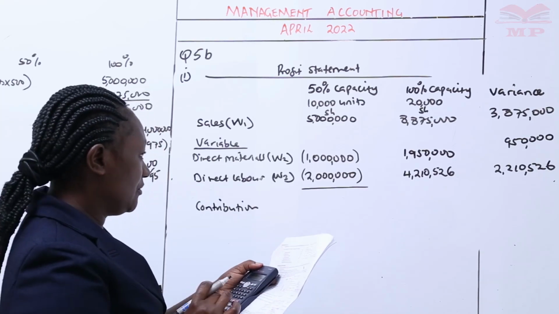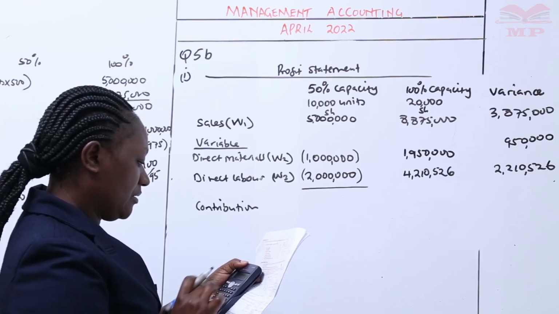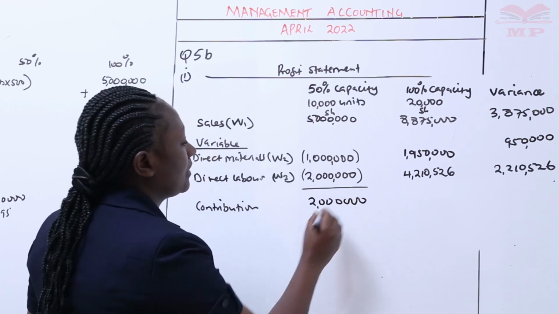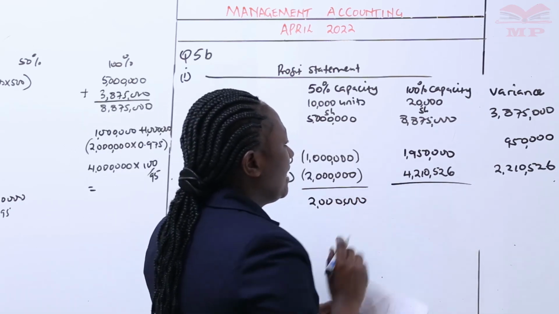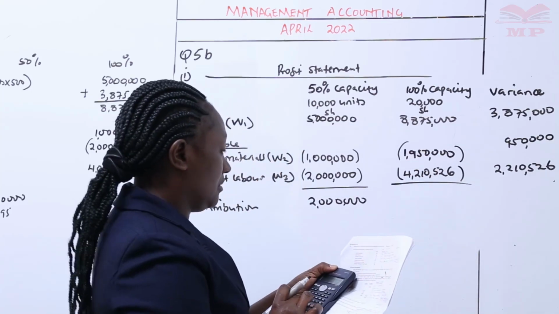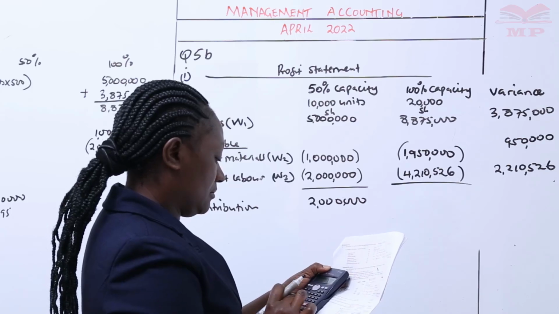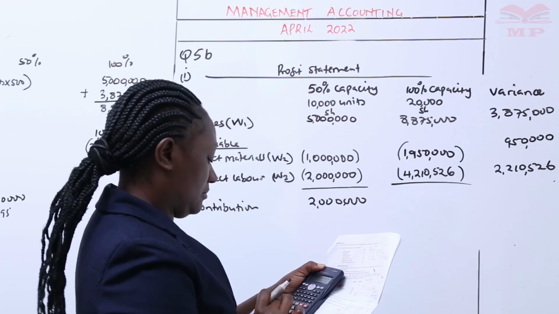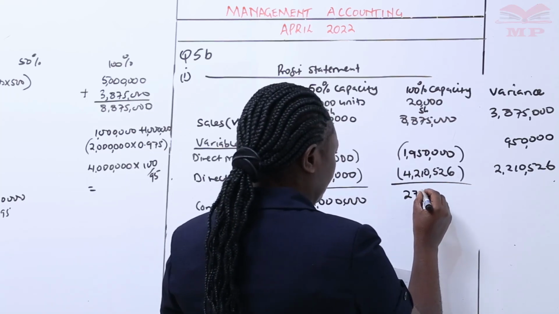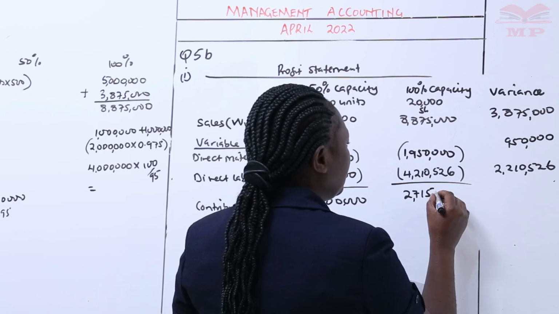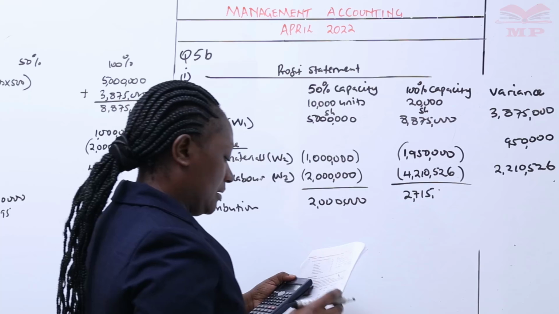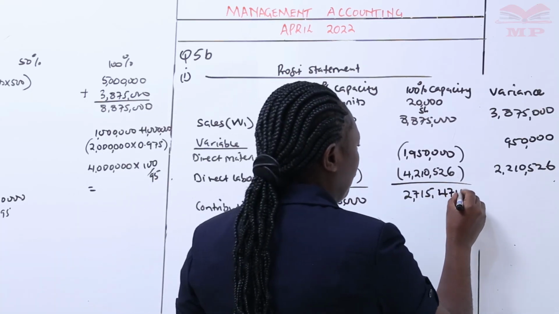So we have 5 million minus 1 million minus 2 million, which will give us 2 million. Then at 100% capacity, subtract the marginal and variable costs. And this will give us 2,715,474.